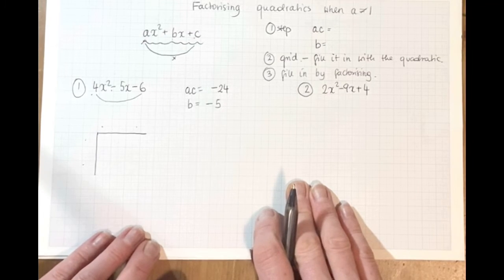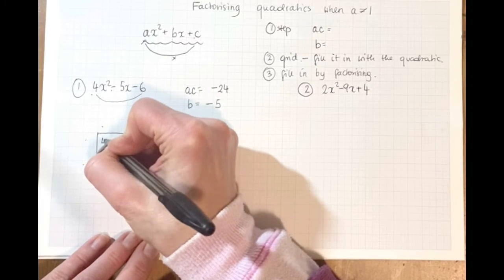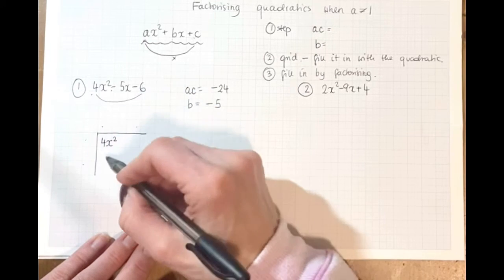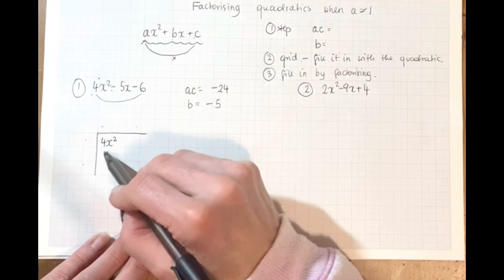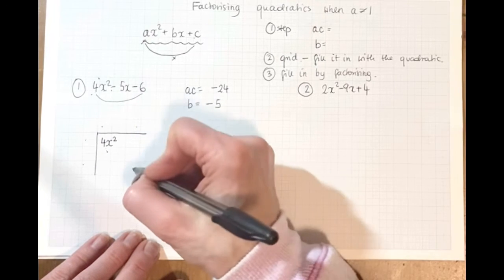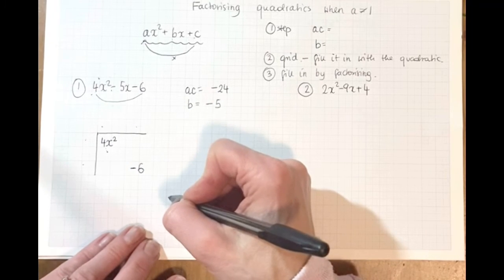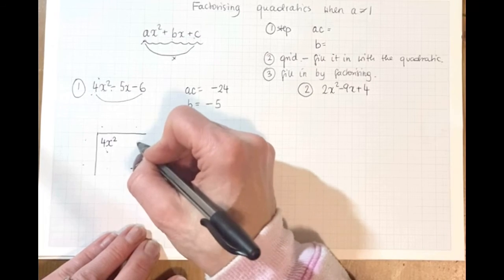Okay, so the first thing you're going to do is put the biggest term, 4x squared, in the top left corner. He's the boss. Then you're going to put minus 6, that's the last one, the one that doesn't have any x's. The next step is to put the number of x's.